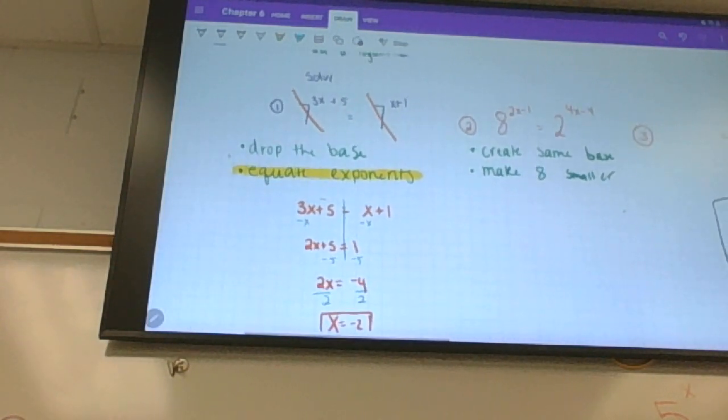8 is the same as 2 to the 3rd, so I've got to use that little fact. 2 to the 3rd is 8, and I'm going to replace it. So I'm taking an 8 out and putting 2 to the 3rd in, which are equivalent, so that's fine.